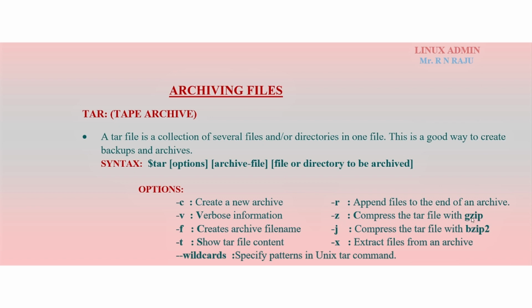So these two are important. Z compress the tar file with gzip, and J compress the tar file with bzip2, and X for extract files. And if you want to use wildcards, then you can use wildcard patterns also. But I will tell you practically, then it is clear how to use these options.